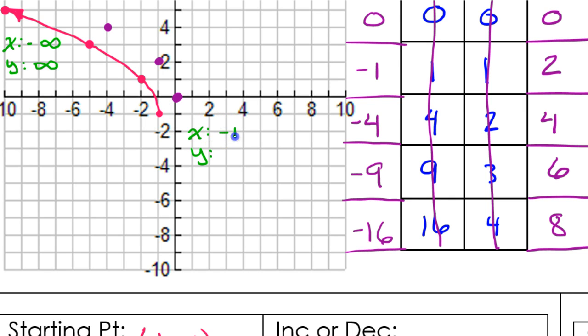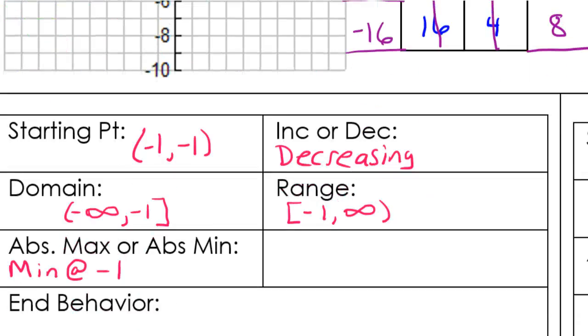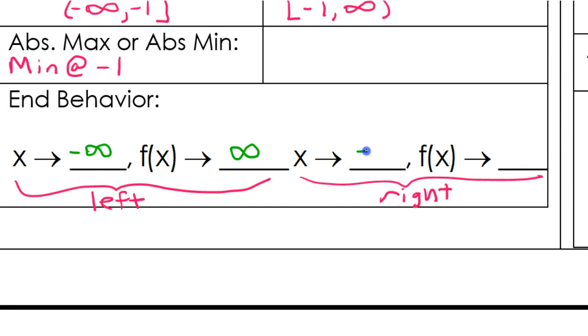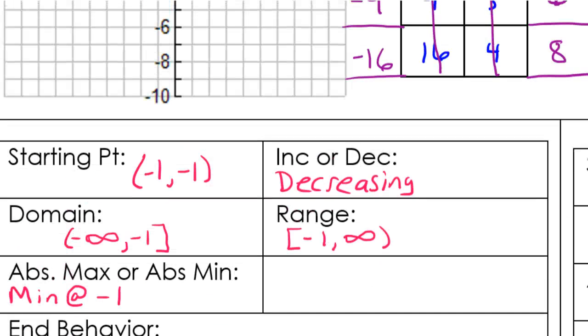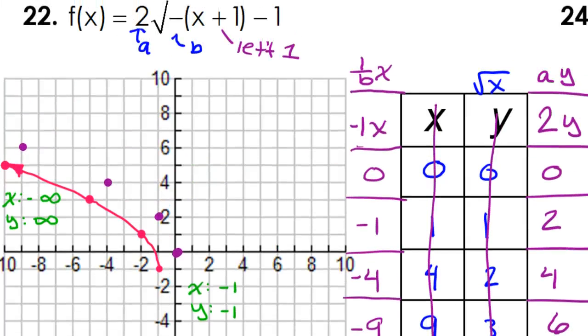It is -1. What is the y value of this point? It is also -1. So as the x values approach -1, the y values also approach -1. So there's your end behavior. And that is it for problem number 22, the graph and the analysis.